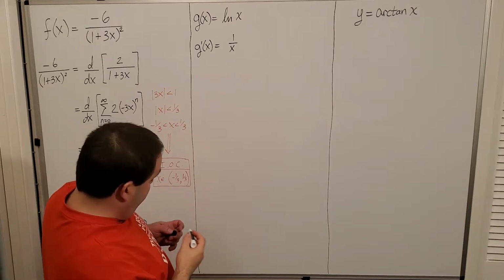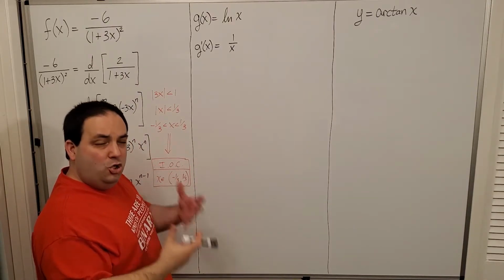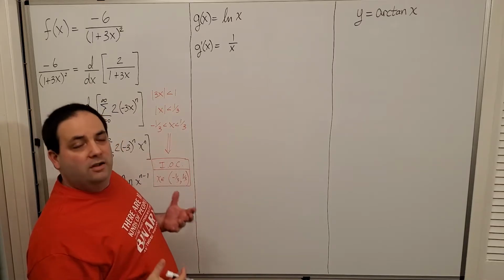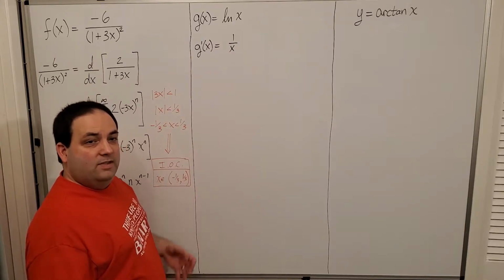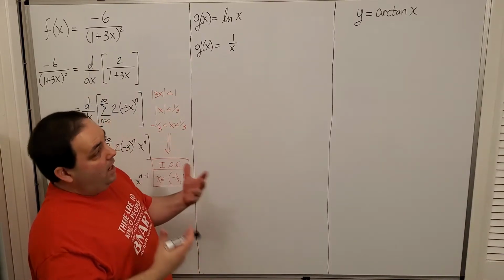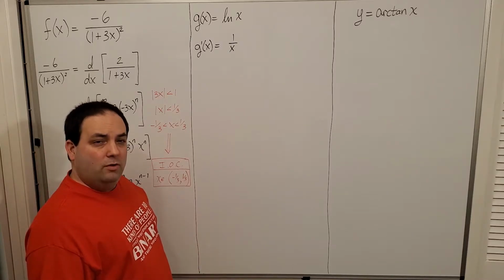And that's really major because the ln of x is one of our big useful functions that comes up in a lot of different applications. So having a power series for ln gives us that first insight into maybe how we can start approximating a lot of our logarithm values.